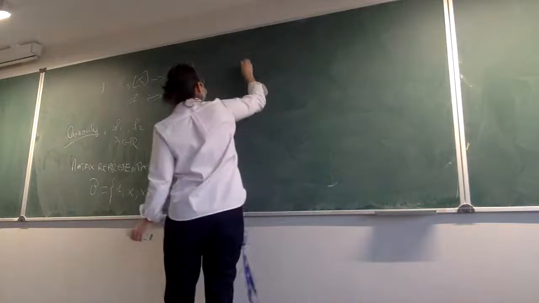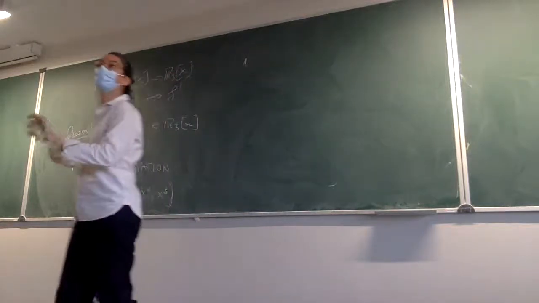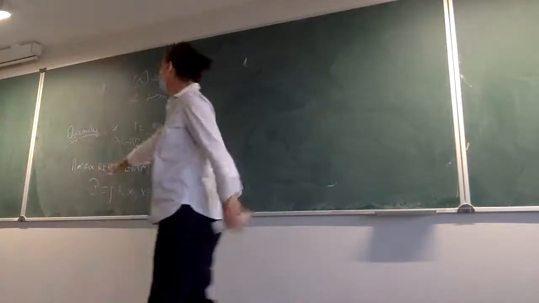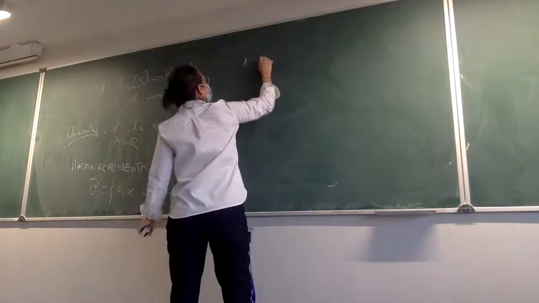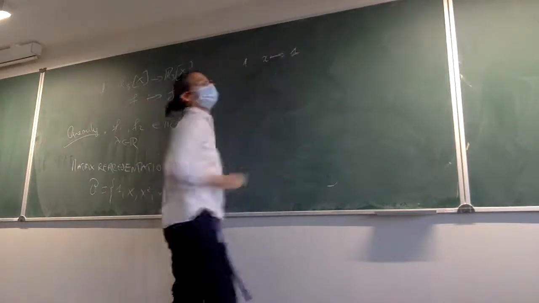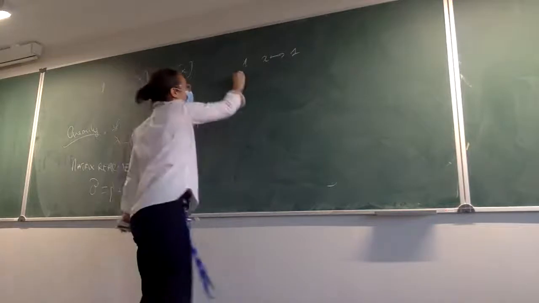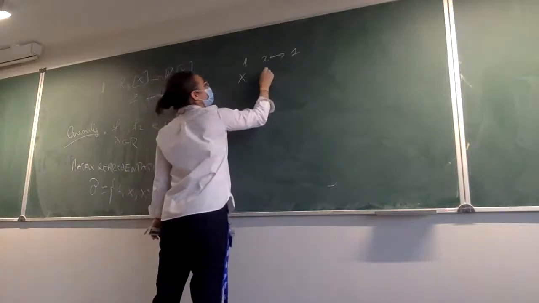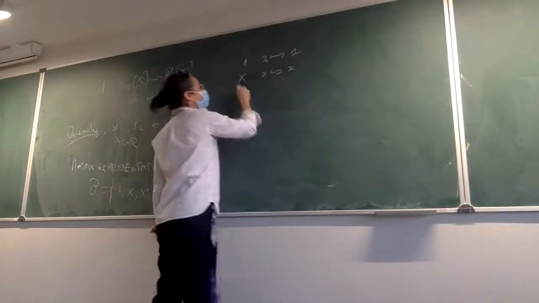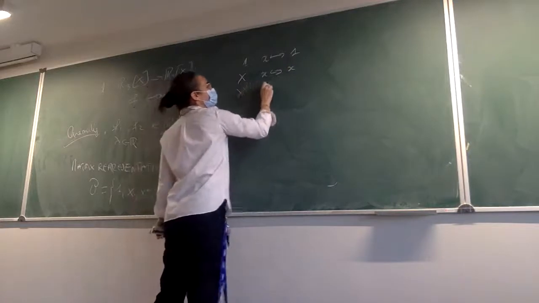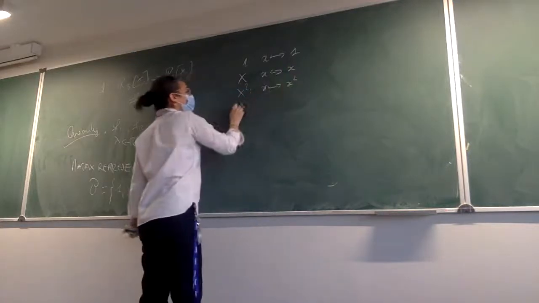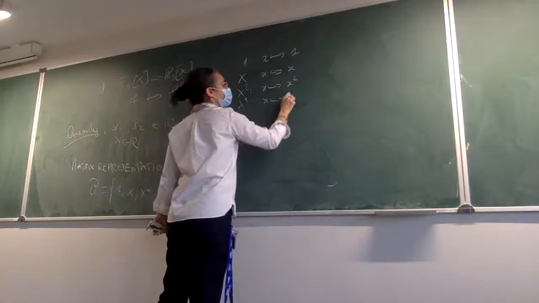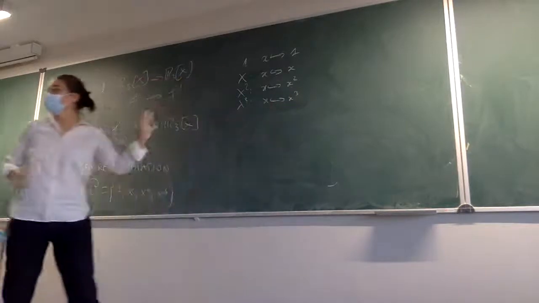Each of these is a notation for a natural polynomial. 1 is the polynomial such that for any x you get the value 1. X is the polynomial such that for any x you get the value x, x2 the one where you get x squared, and x3 the one where you get x cubed.